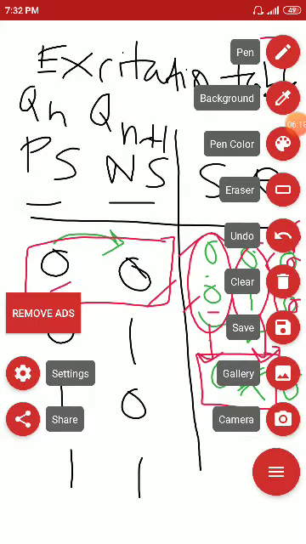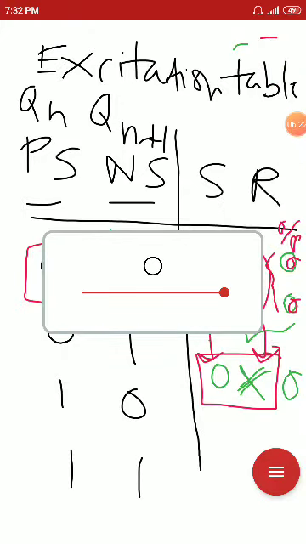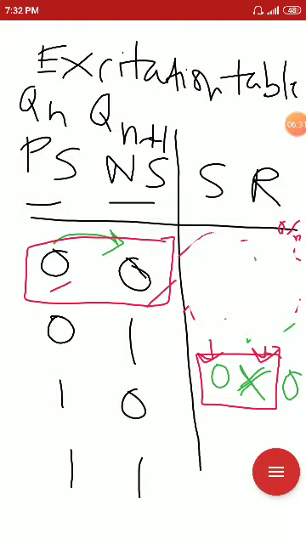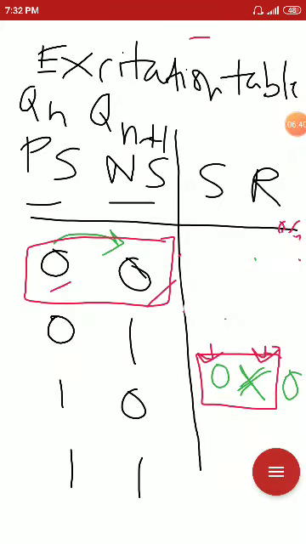Now we can write the excitation table value. For this case, the input values of S and R will be 0, don't care. That is the first combination.